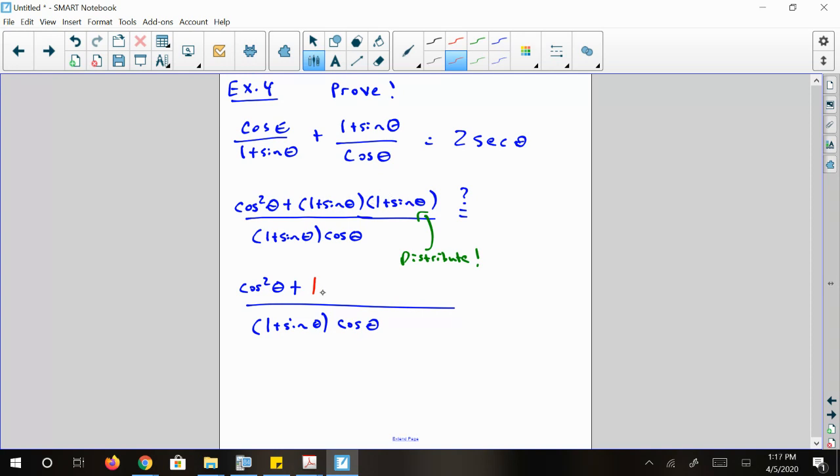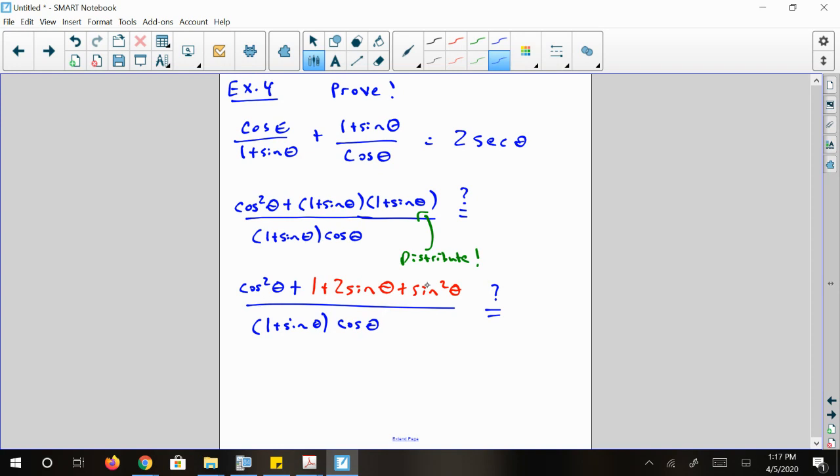So if I do 1 sine theta plus another sine theta, now I have 2 sine of theta, and then sine of theta times sine of theta gives me sine squared of theta. All right, so I distributed this out, I FOILed this out.